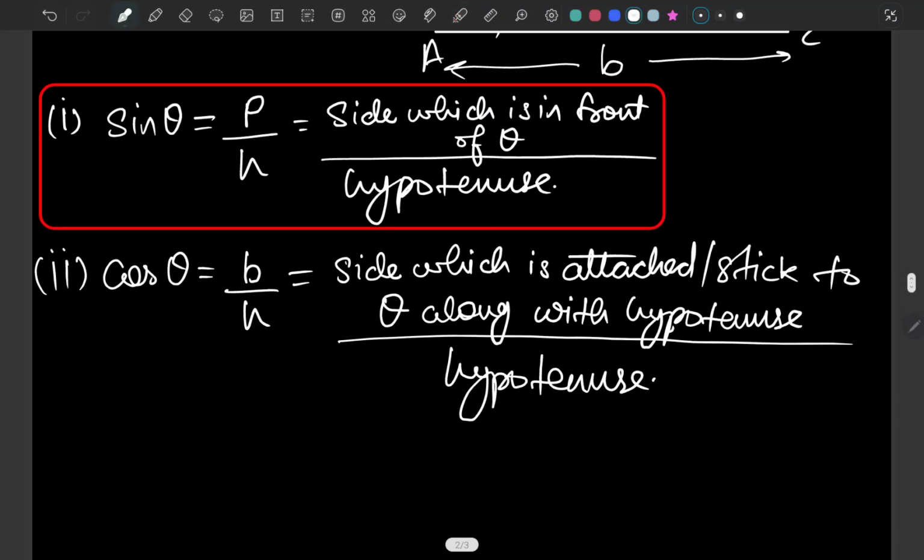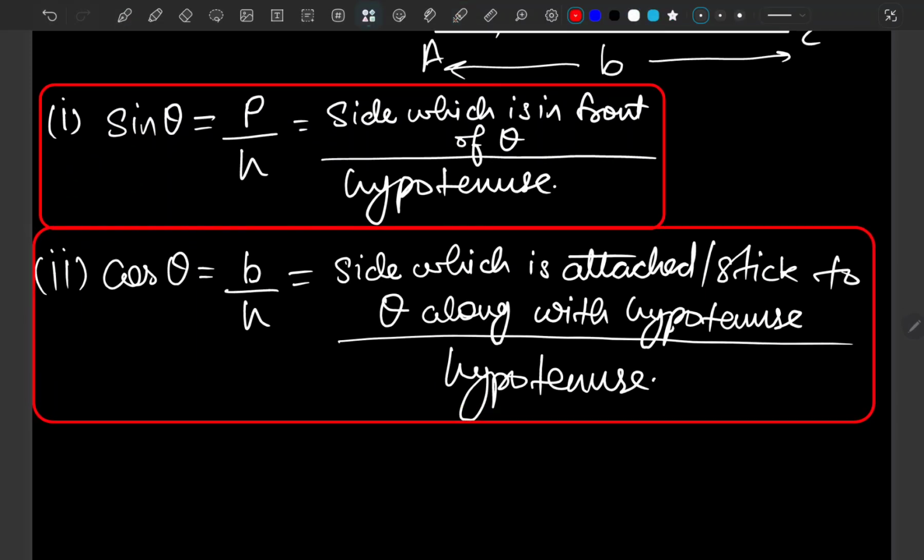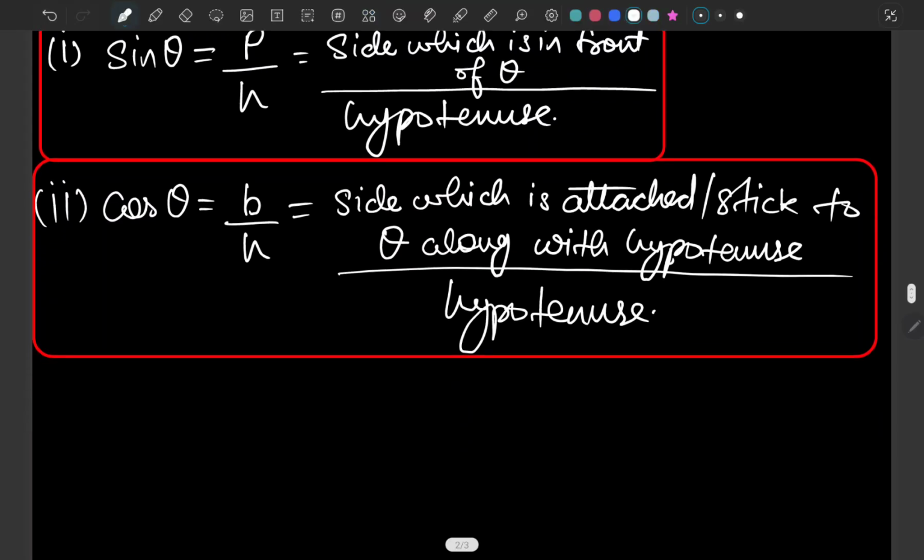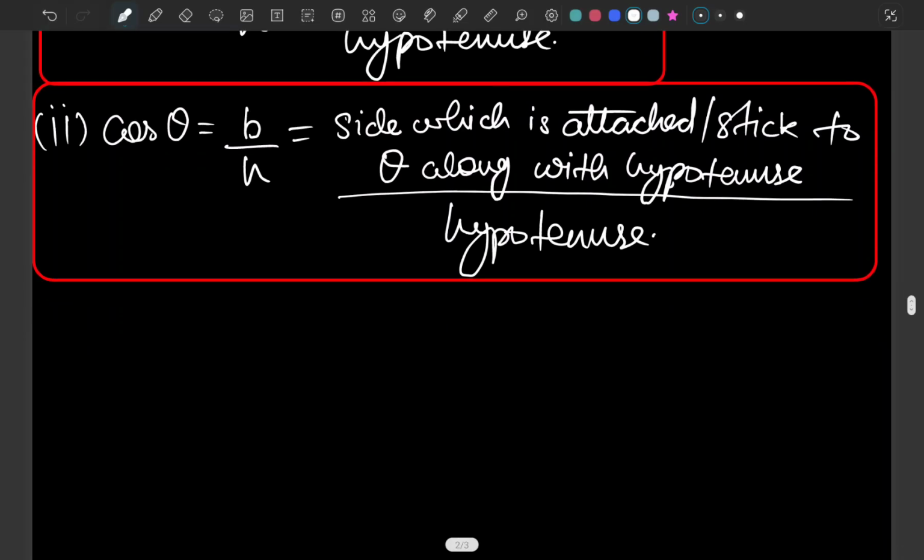I think you're clear with that, and again it should be covered in a bracket like this. These two are very important. With the help of these tools we are going to take a look at all four identities which are left.